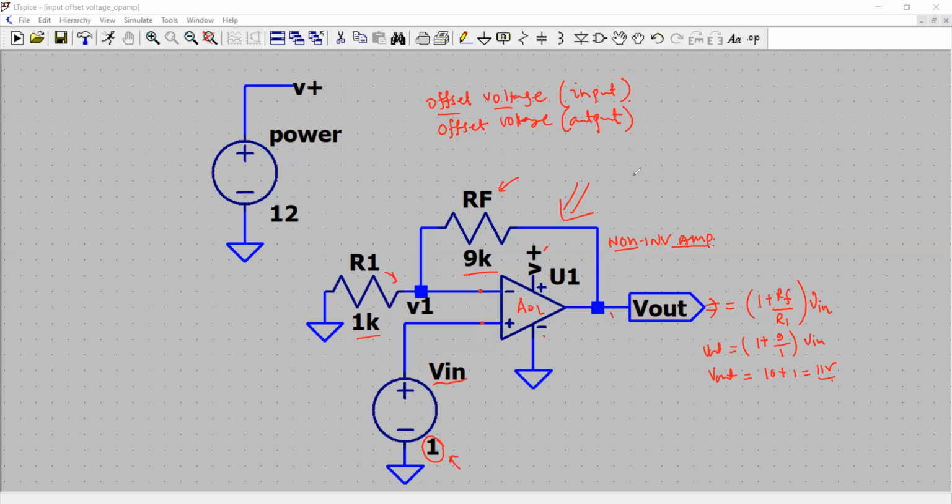So VOS, if we define that, is defined as the voltage at the positive minus the voltage at the negative. Or it can also be written, taking the magnitude, as V in negative minus V in positive, the voltage at the negative input and the voltage at the positive input.